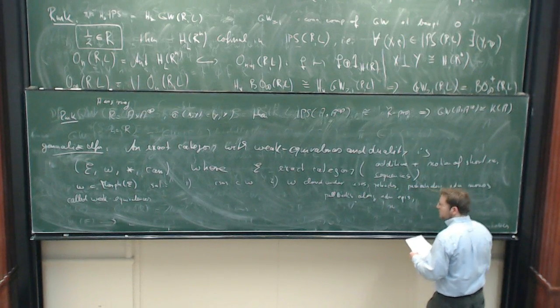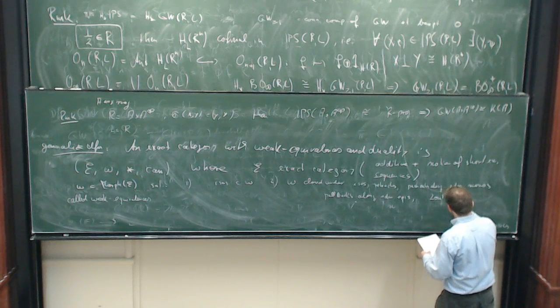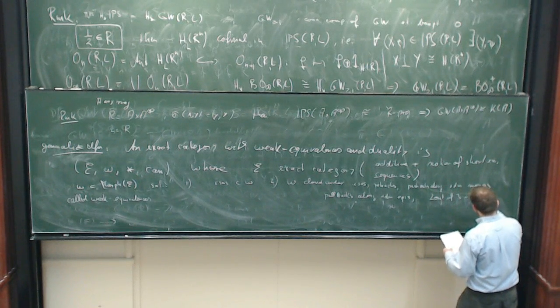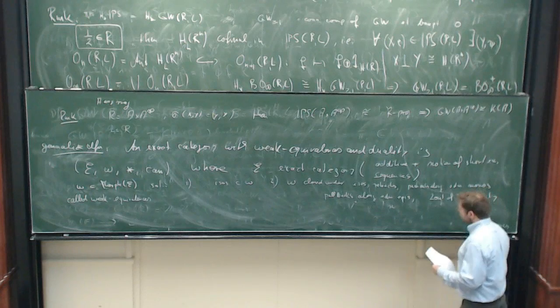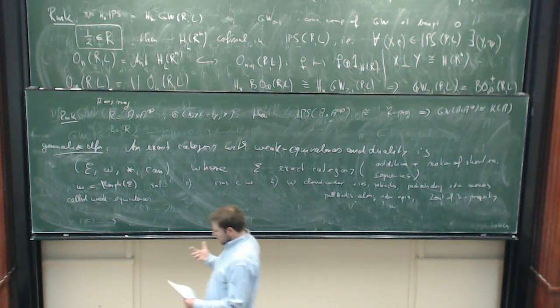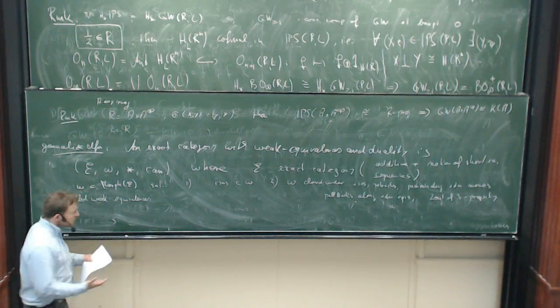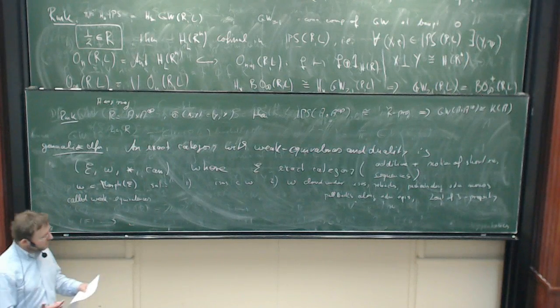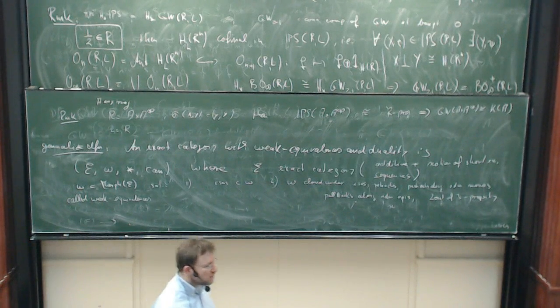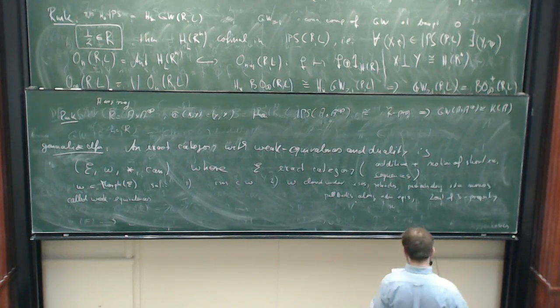and they have this 2 out of 3 property. If 2 composable maps f and g are given, and any 2 of f, g, and their composition are weak equivalences, then the third one is too.